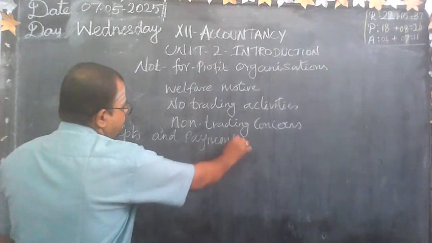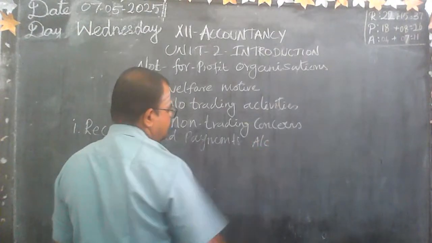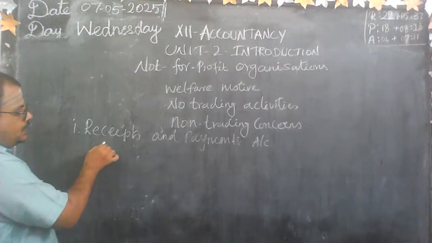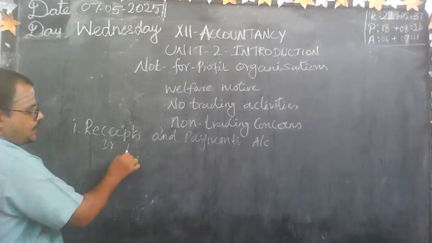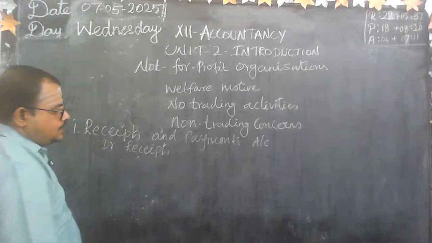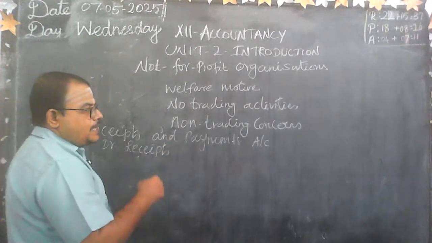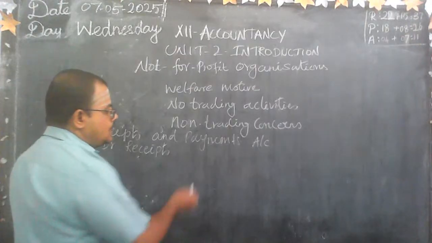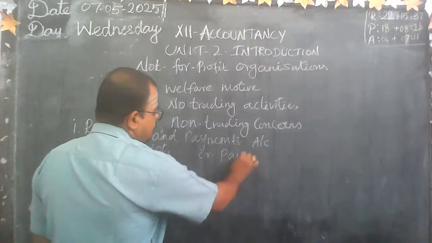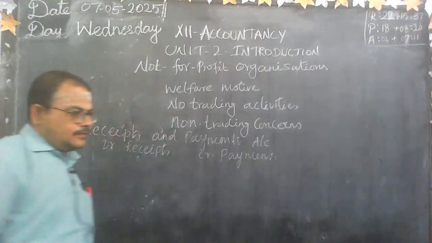The receipts and payments account is similar to a cash book. This account contains a debit and a credit side. On the debit side, receipts, all cash receipts are recorded. Cash expenditure and cash payments are recorded on the credit side of this account, known as the payment side.